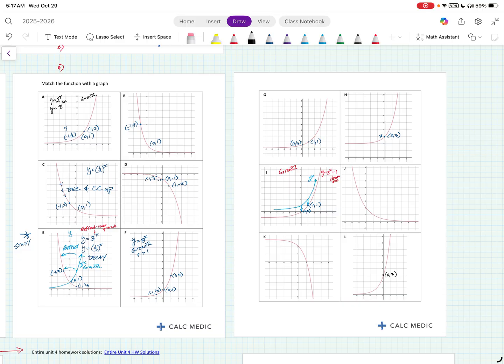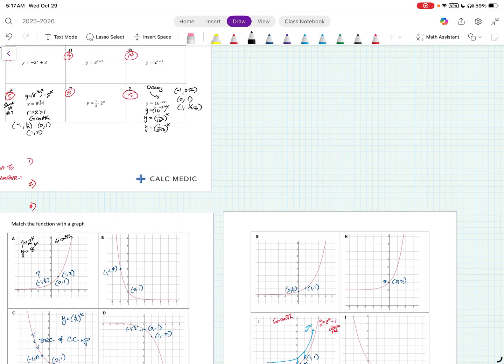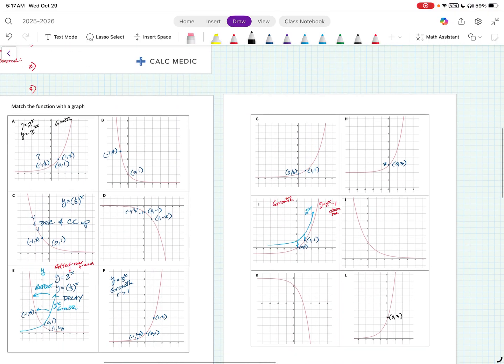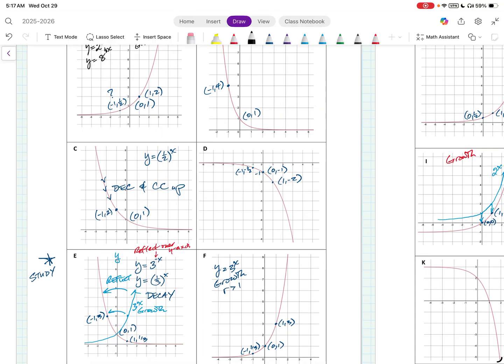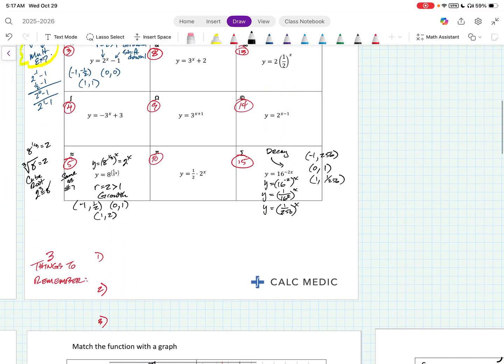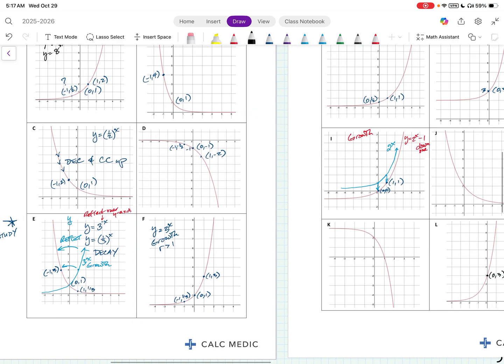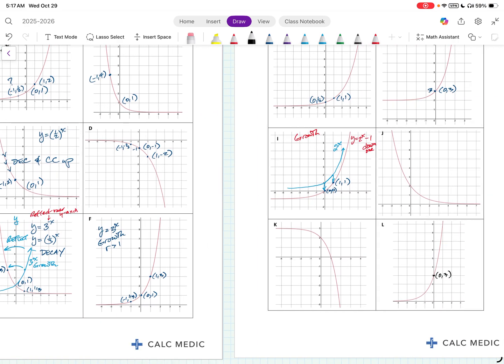We've got 12 graphs, 15 functions. I don't see a decay function that passes through 0, 1 and 1 comma 1 over 256. Holy cow. I mean, graph B kind of looks like it, but -1, comma 256 is way up there. It's very steep going to the left, and I do not see that. So it's not on there.